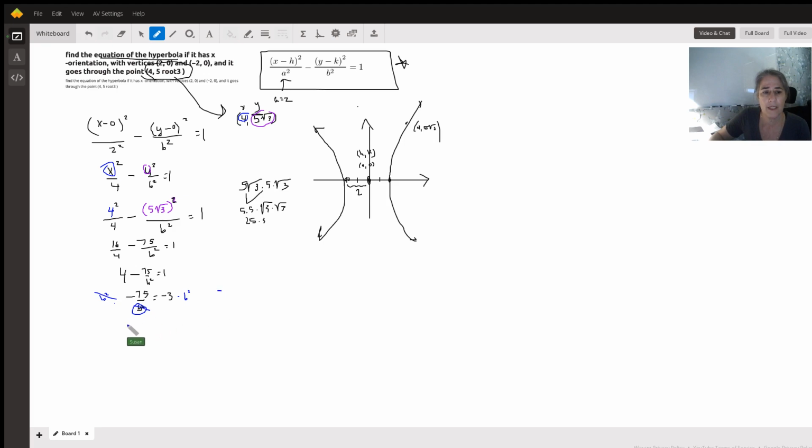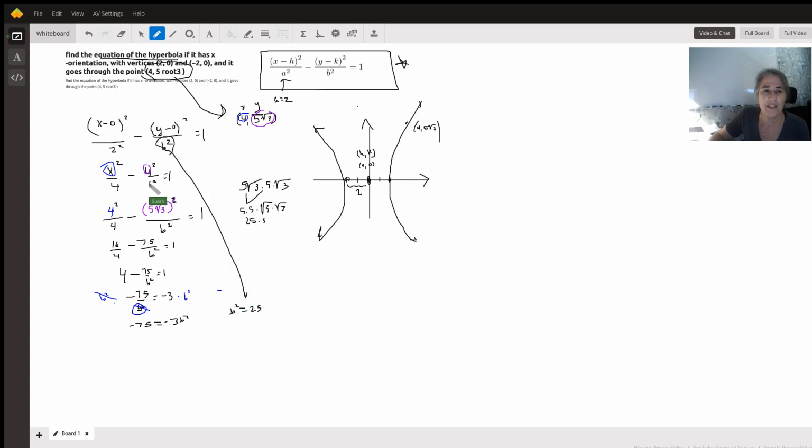And that gives me negative 75 equals negative 3b squared. I divide both sides by negative 3. b squared equals 25. So b is plus or minus 5, but remember we're trying to find b squared, and I know it's 25.